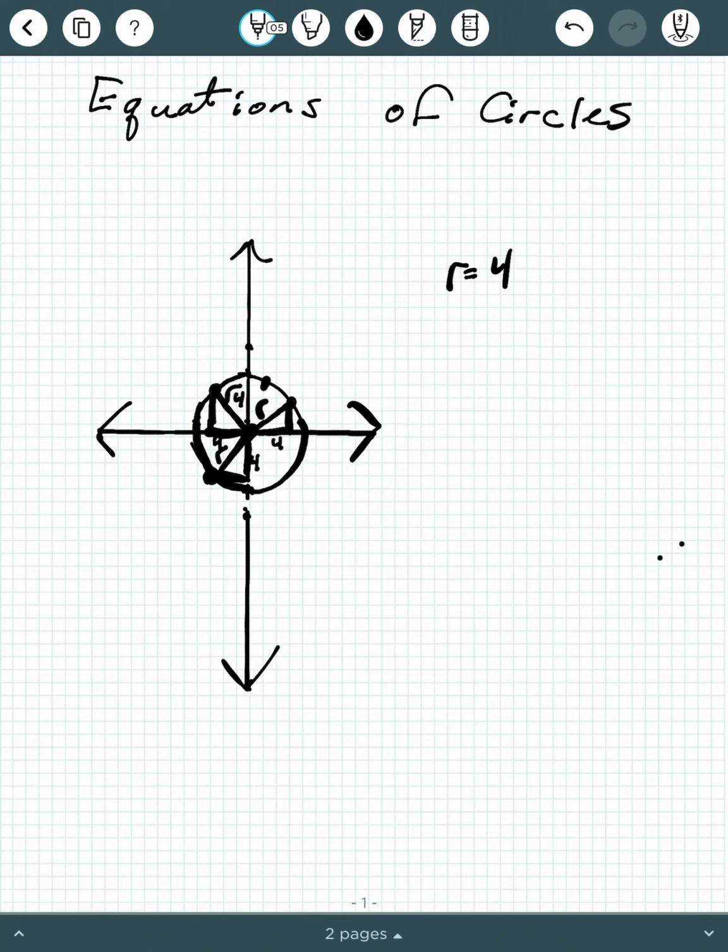I know the Pythagorean theorem is a squared plus b squared is equal to c squared. Since the hypotenuse is the radius, which is represented by c in the equation, we'll be squaring 4. We just have to figure out what a and b are.